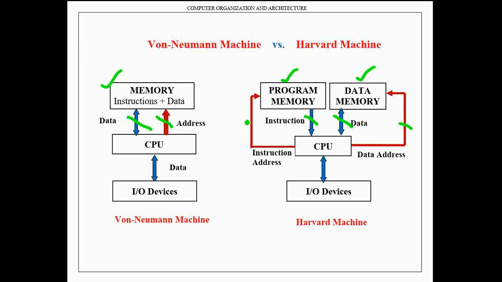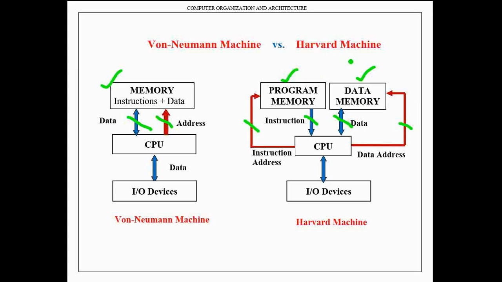And this line indicates the instruction address bus, which indicates the address for program memory. Instructions are retrieved from program memory from the address specified by the instruction address bus, and similarly, data are retrieved from the data memory from the address indicated by the data address bus.